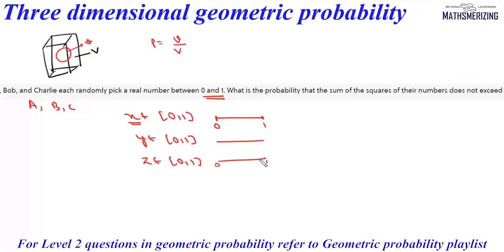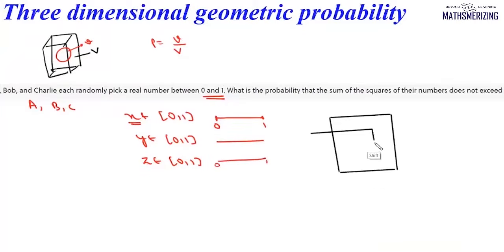Now all the possible combinations of their choices can be represented by this cube of unit volume. Say this is x, this is y, and this is z.